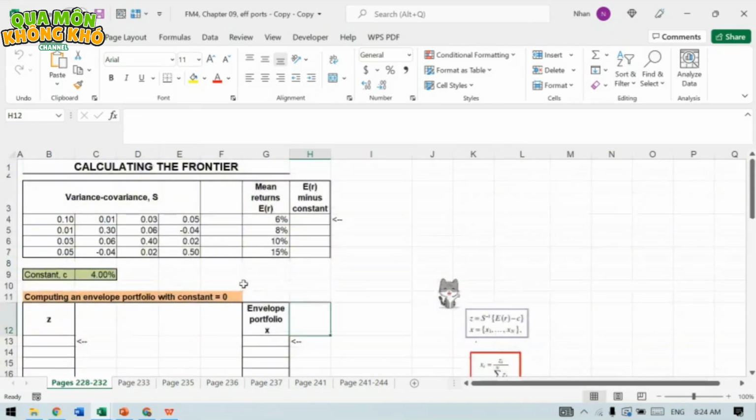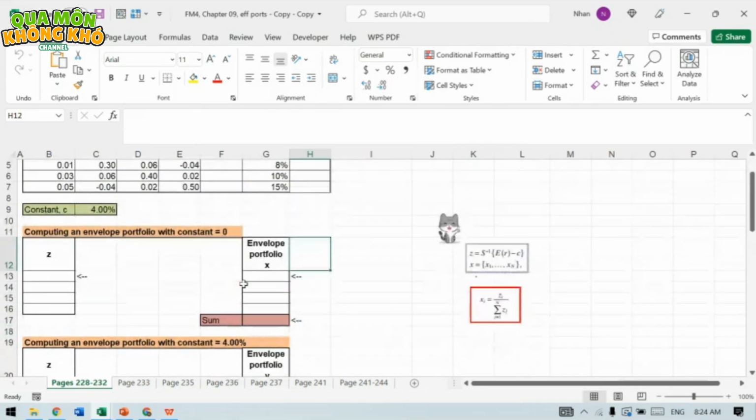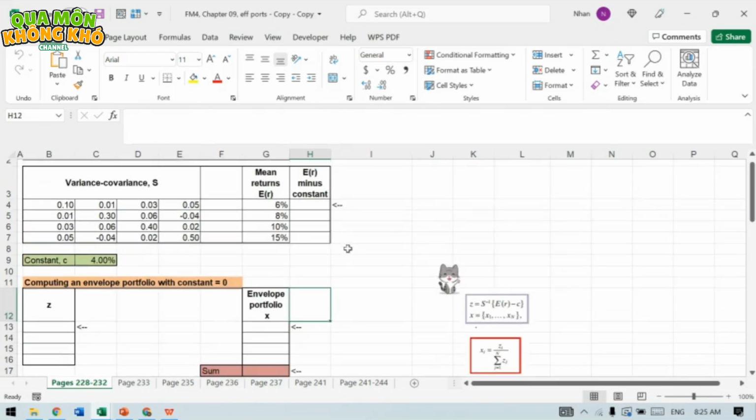So first, as Proposition 1 says, we can calculate the envelope portfolio based on this formula. Firstly, assume that the variance and covariance is already here and the expected return as well.